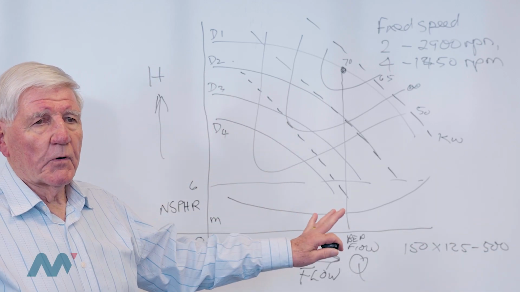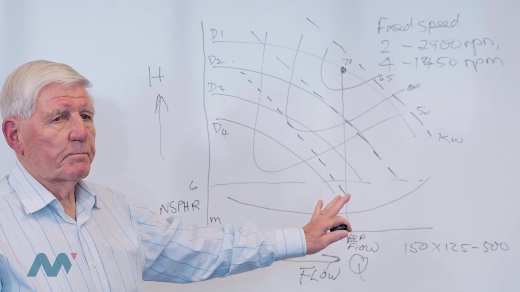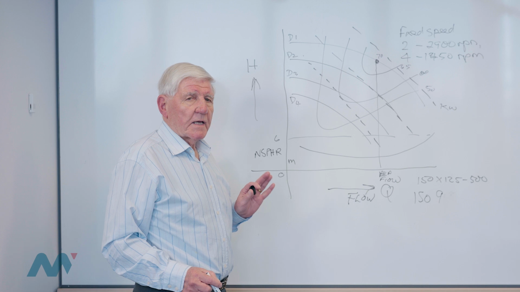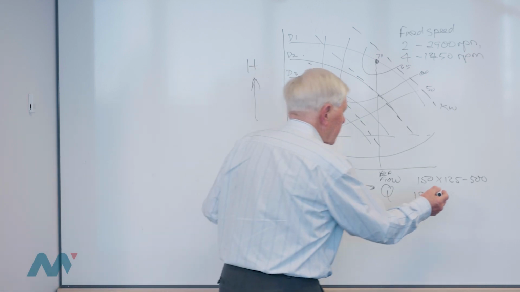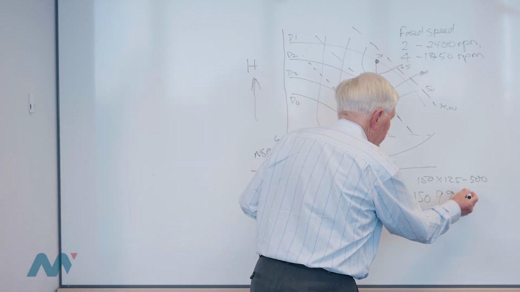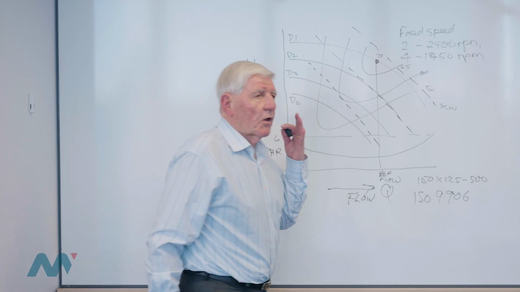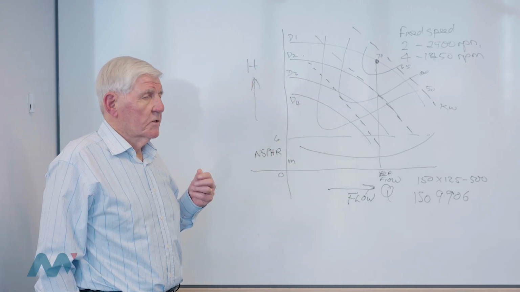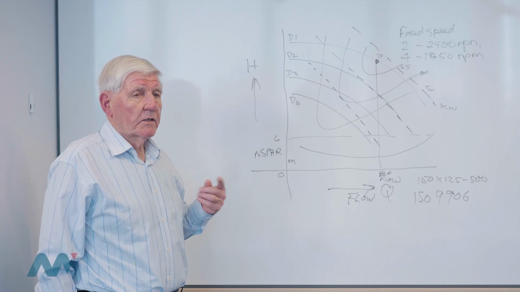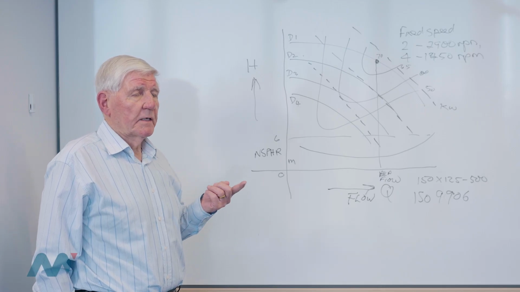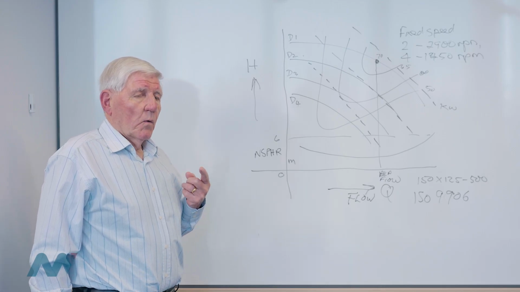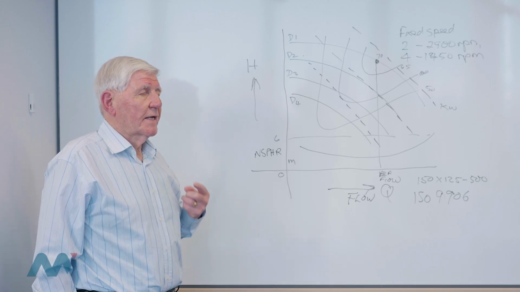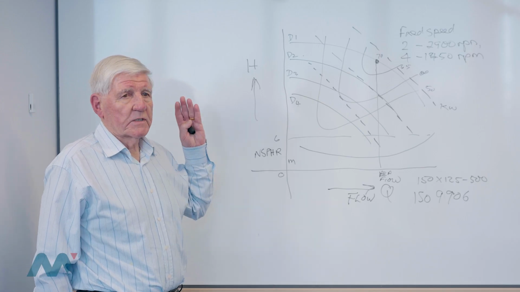We would take that product, we would put it onto a test bay, and we would produce a result. This pump would have to be tested to the test code, which is ISO 9906. And there are 3 grades of testing under ISO 9906, grade 1, which is a high grade, grade 2, which is a medium grade, and grade 3, which is a commercial grade. And that affects the acceptance tolerances of this data.